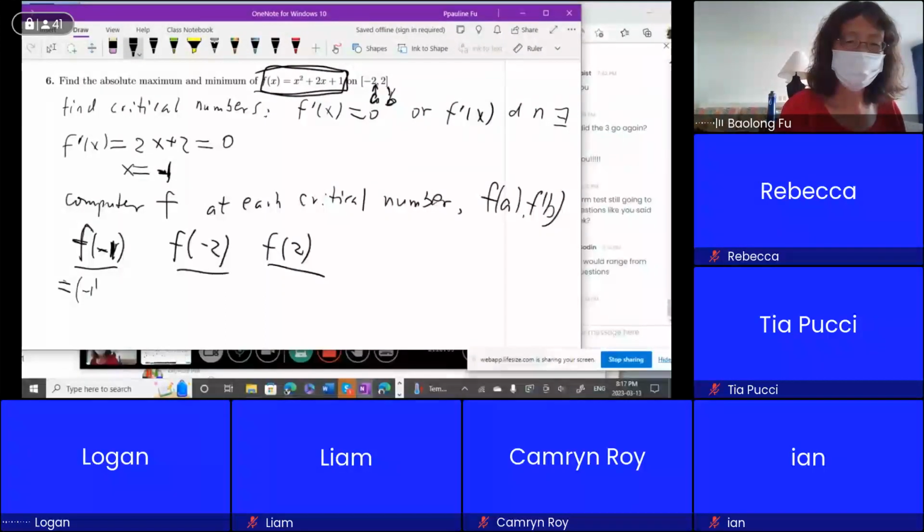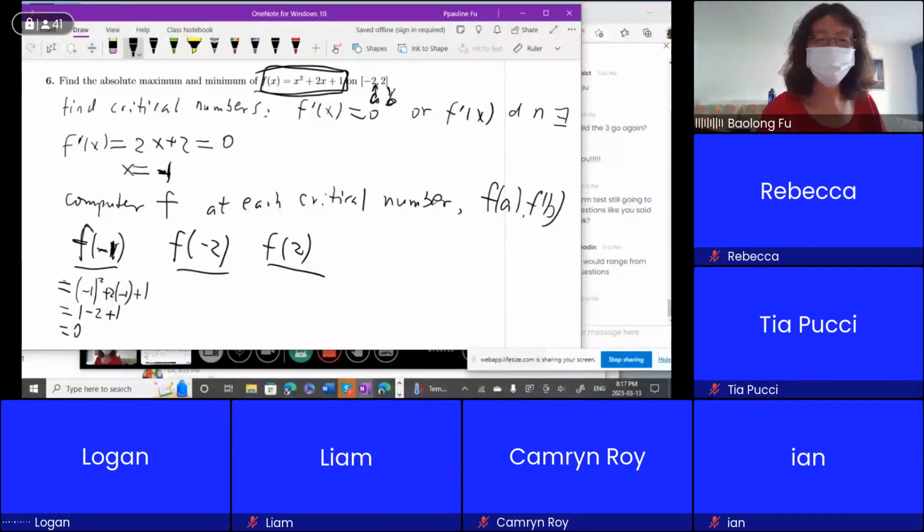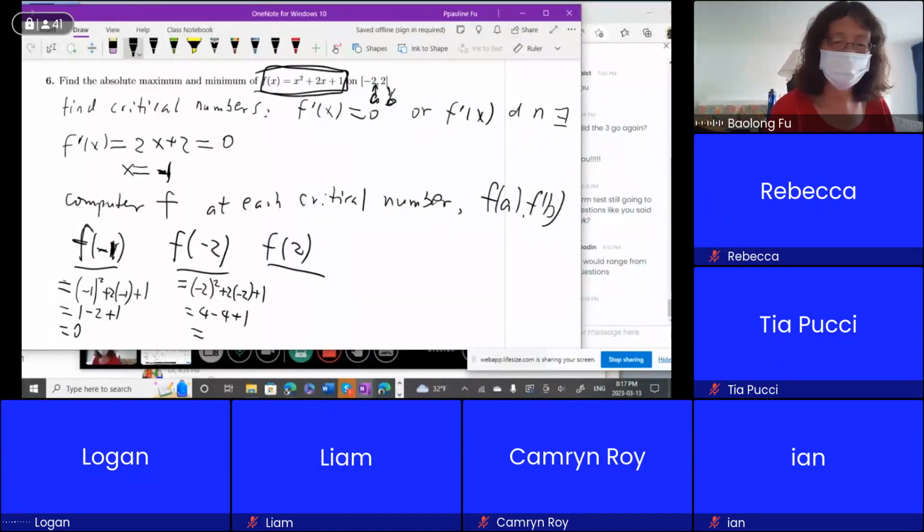So (-1) squared plus 2 times (-1) plus 1 equals 1 minus 2 plus 1 equals 0. This is f(-1). Then compute f(-2). So (-2) squared plus 2 times (-2) plus 1 is 4 minus 4 plus 1, it is 1.